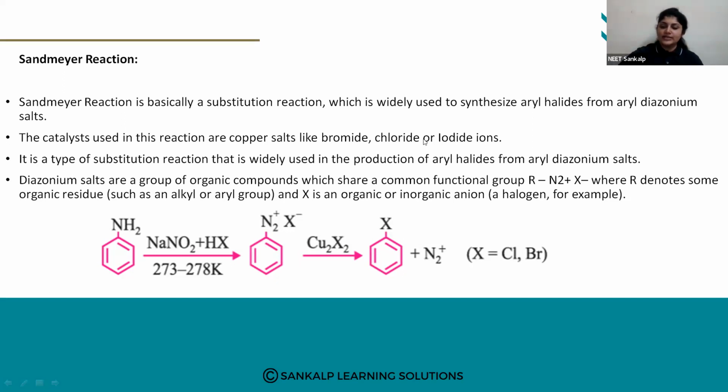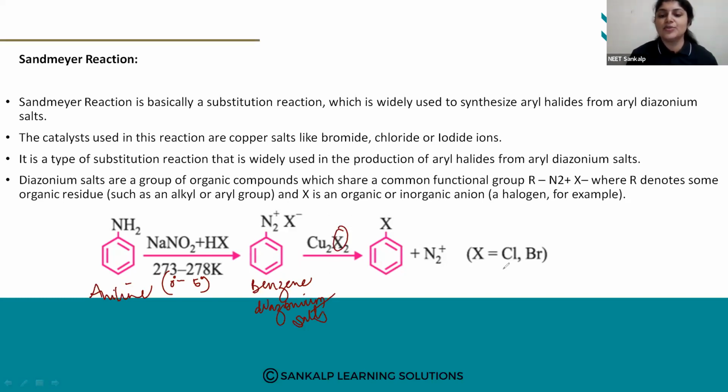So you can see, this is benzene diazonium salt. What I'm telling here in words, I'll just write. So this is aniline at 0 to 5 degrees Celsius, giving benzene diazonium salts. Then this is treated with cuprous bromide or cuprous iodide.